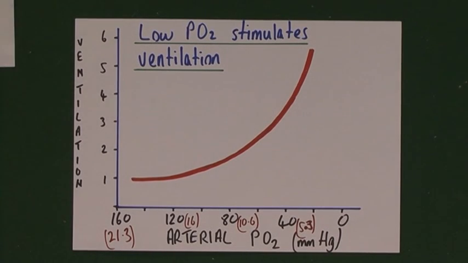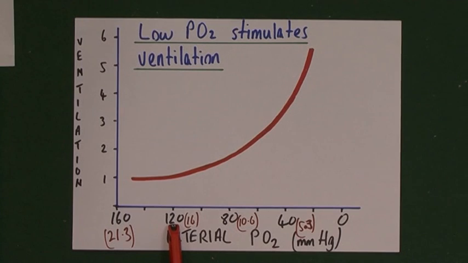Now, this graph is looking at the effect of stimulation of the brainstem from the peripheral chemoreceptors in the aortic arch and carotid bodies and sinus. And as you remember, these are detecting oxygen lack. So these are figures of the amount of oxygen in the blood: 160 millimetres of mercury, which is 21.3 kilopascals, 120 millimetres of mercury, 80 millimetres of mercury, 10.6 kilopascals, 40 millimetres of mercury, 5.3 kilopascals.